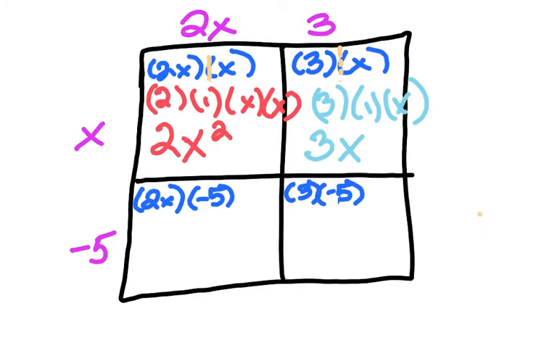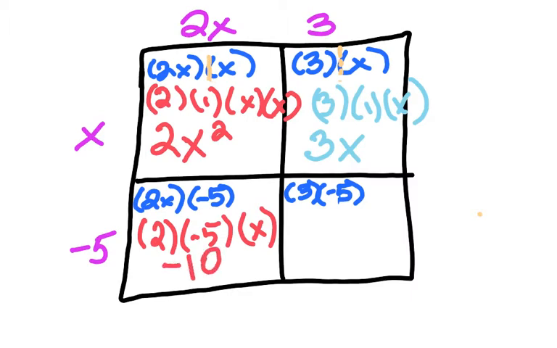So looking at this one in the bottom left-hand corner, you're going to say 2 times negative 5 times X. So grab your calculator and you'll see that 2 times negative 5 is negative 10, and bring down the X. And then the last one is just 3 times negative 5, which is negative 15.